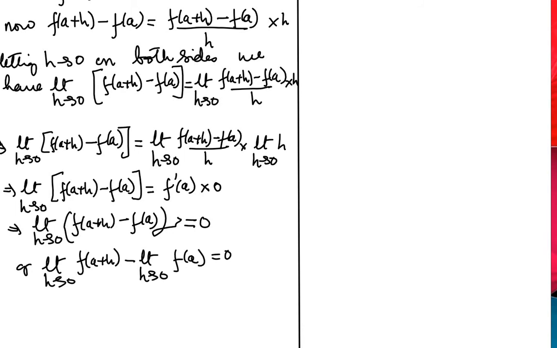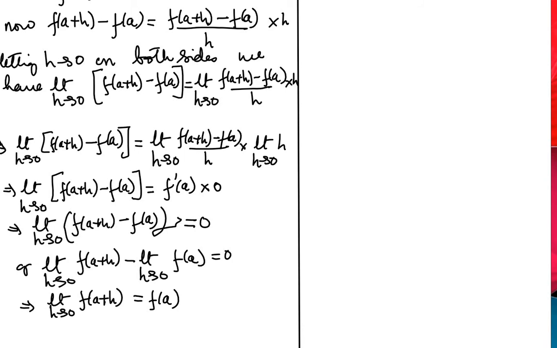But the limit as h tends to 0 of f(a) will be f(a) itself, because this function does not depend on h. So it implies that the limit as h tends to 0 of f(a+h), transferring this to that side, will be equal to f(a).